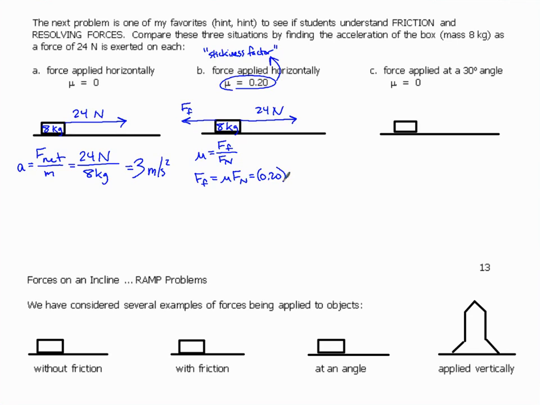Remember, the coefficient of friction has no units. Then we have the normal force, which on a horizontal surface like this one is equal to the weight of this object. So the weight is its mass times its acceleration, which is 10 for gravity. And so we find the force of friction is 16 newtons.